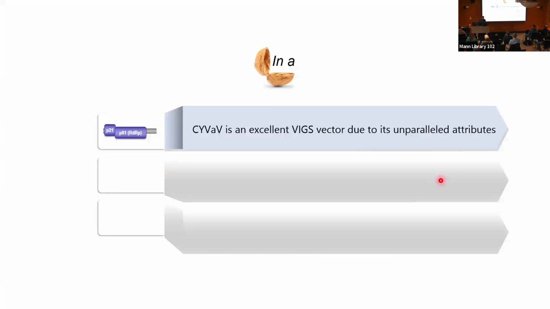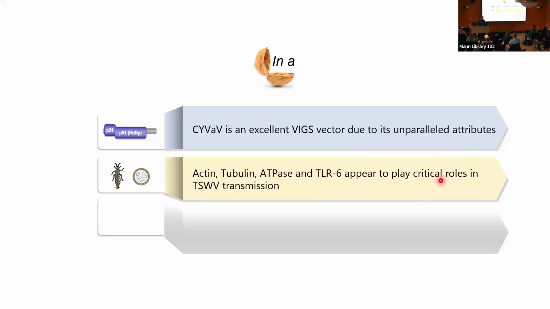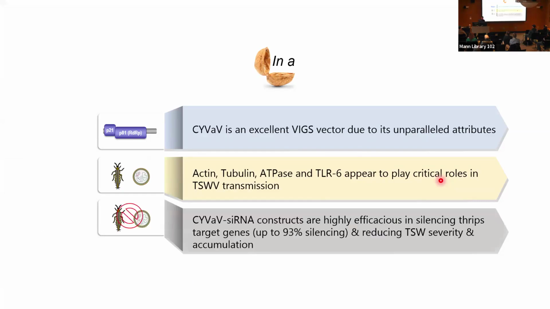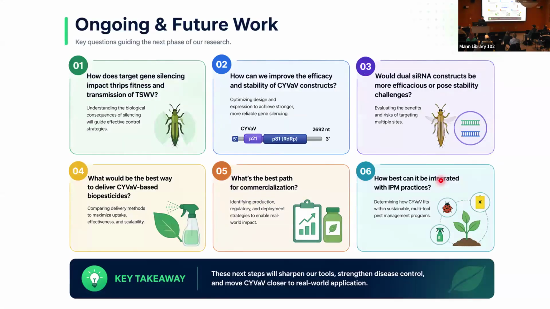So in a nutshell, CYVV is an excellent platform, unparalleled attributes. We are able to target a bunch of different genes of thrips as well as tomato spotted wilt virus. The efficacy is up to 93%, and we are able to see the reduction in TSWV severity as well as accumulation. Now, where are we going with this work?